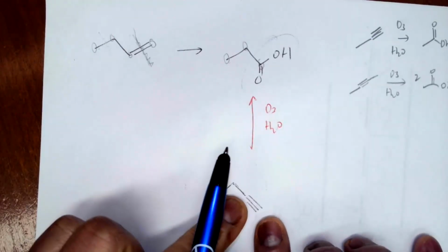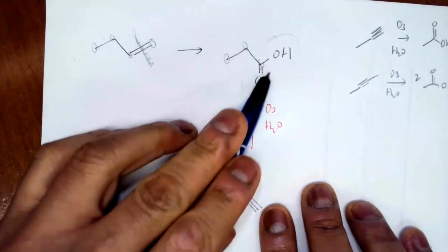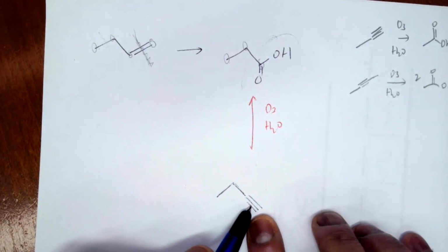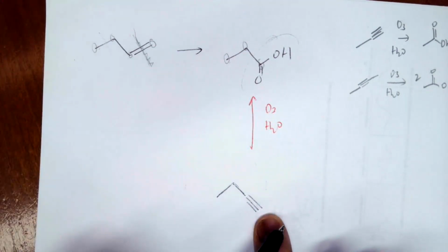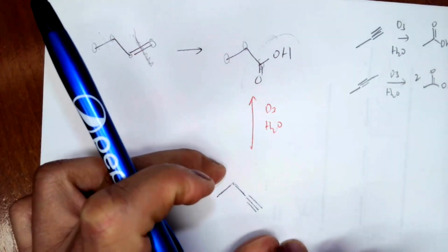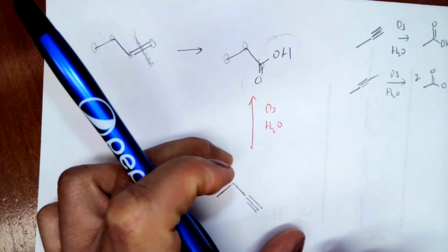I would never imagine an alkyne that has 10 carbons, right? If my starting material has 4. So if this one has 3, I can do this one with 4 because I have to shorten it somehow. If this one has 4, most likely my alkyne is also 4 here. If this one is 5, that means that this one has to be 5. Okay, makes sense? If this one is 6, this one also has to be 6.